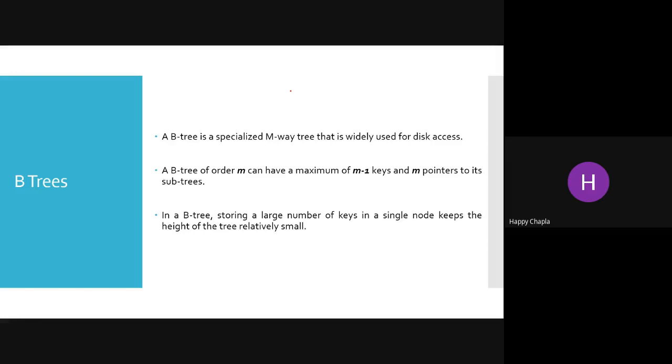Now in a B tree, storing a large number of keys in a single node keeps the height of the tree relatively small. ठीक है, मतलब क्या है कि आपको अगर 500 elements store करना है in the BST, so it will take a highest height, or maybe you can say you can only insert maximum 2 elements in one node. ओके, अगर एक रूट है तो उसके दो ही चिल्ड्रन हो सकते हैं, something like this. बट हियर वी कैन इंसर्ट any number of nodes according to the available m value.